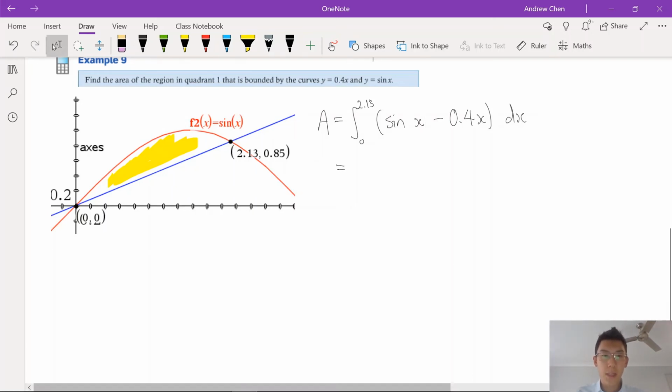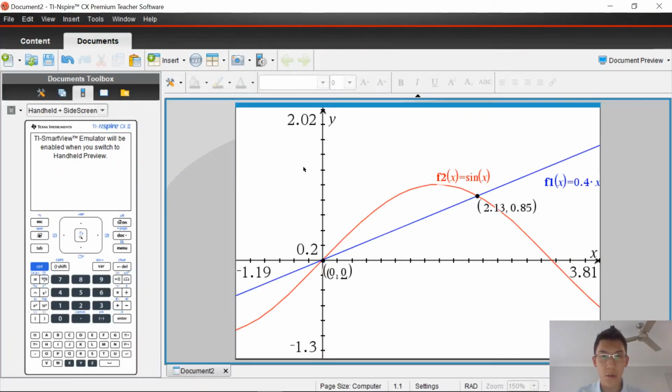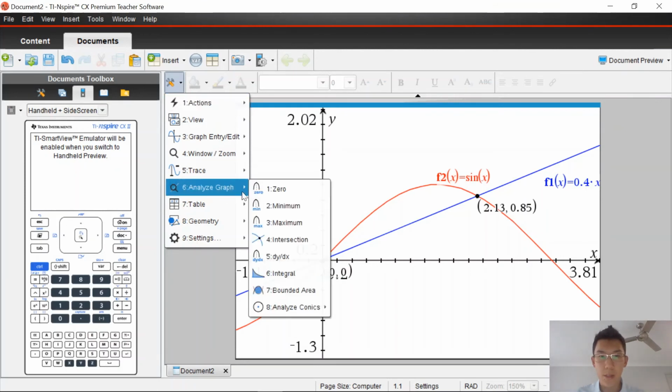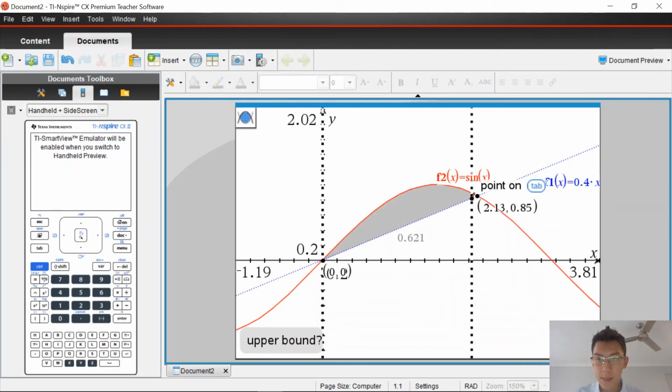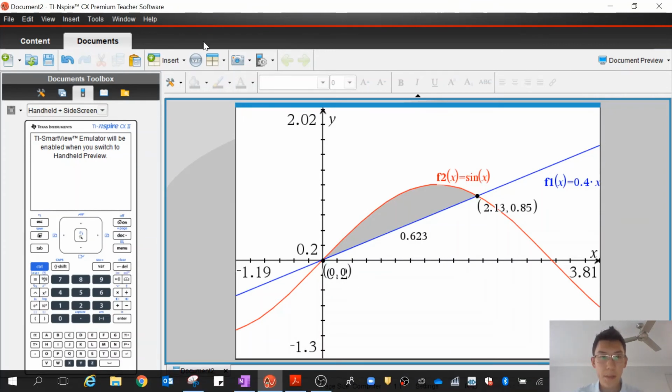So two ways we can get this answer now. I'll show both. So we can get it straight from the graph on the calculator. So since we've already found our intersections, let's go analyze graph, bounded area, click point intersection, and then click the other point intersection, and here we go, 0.623.